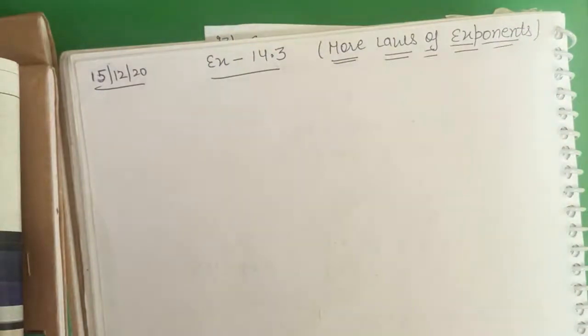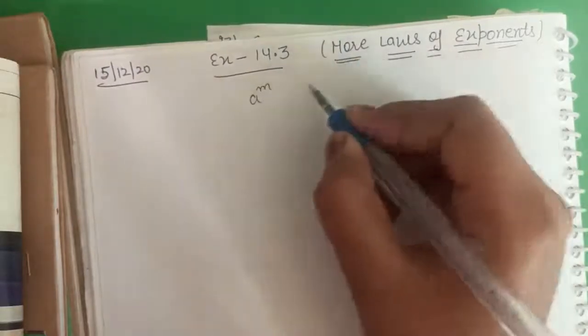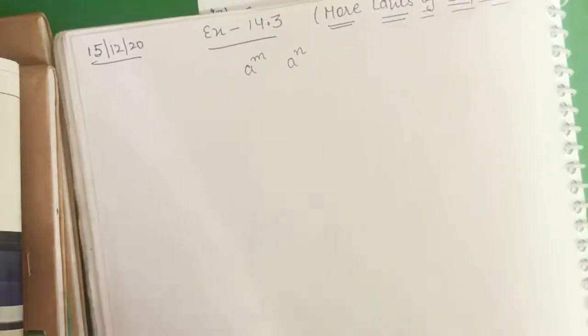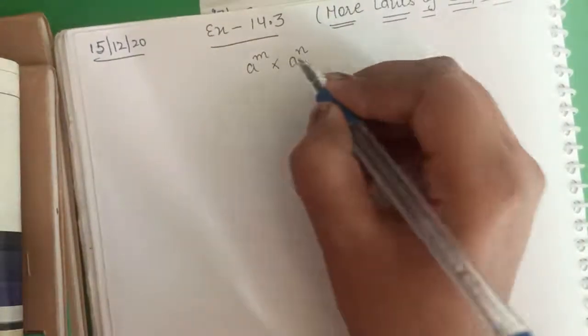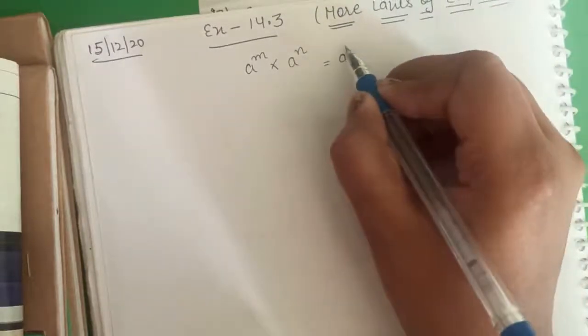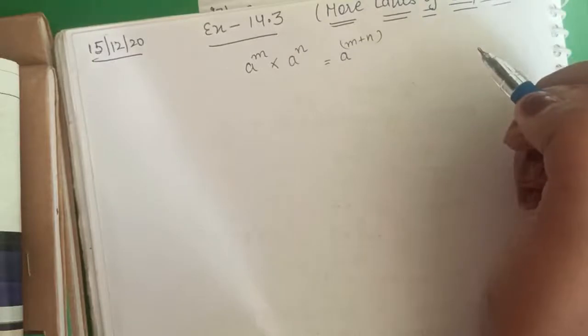When the base is same, what we do with the powers, like a to the power m and a to the power n. If we multiply both these, then the base will remain same and powers will get added, right?